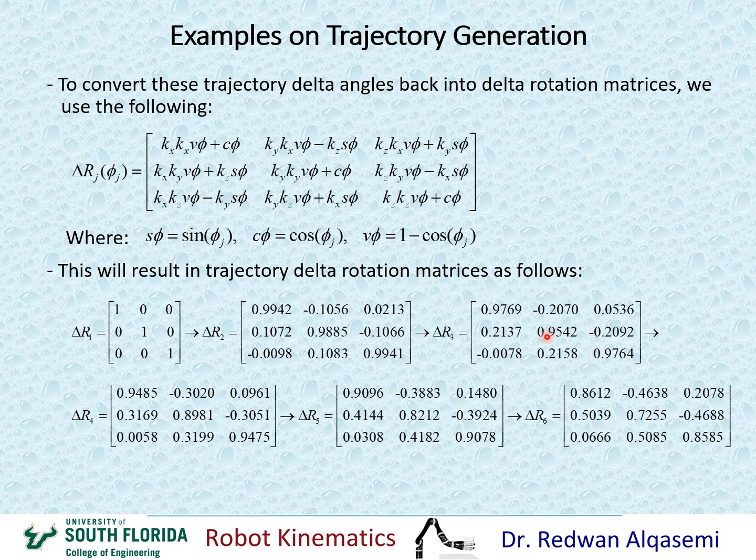Each one of these steps substitutes the phi from the trajectory of angle deltas that we found earlier, and we keep going until we find the last delta R6 using the last phi, which is the full phi that we found in the single angle representation. So this will be the trajectory delta rotations that we're going to use to find the trajectory of the orientations for the Cartesian end-effector.